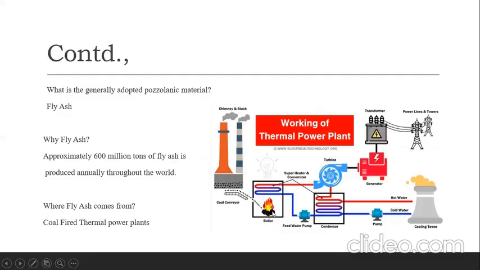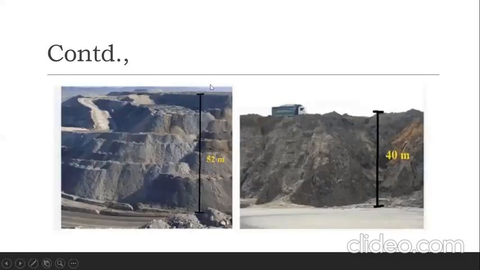After burning the coal, some residue, the ash deposits, is left inside the furnace. This ash is taken off and normally dumped in open lands. You can see the picture here, which shows a 52-meter-high artificial mountain as well as a 40-meter-high artificial mountain. These are all made up of fly ash. That much fly ash is being generated and dumped in the open lands.